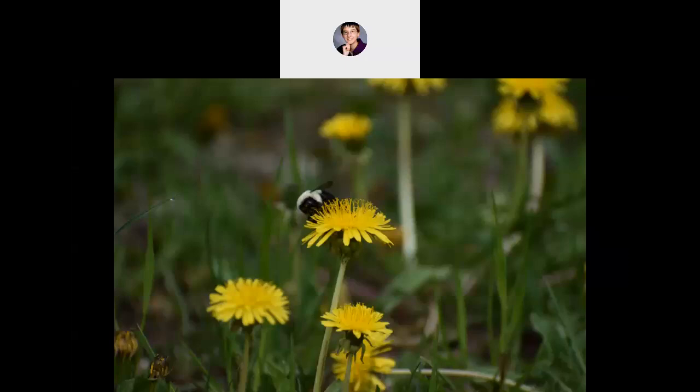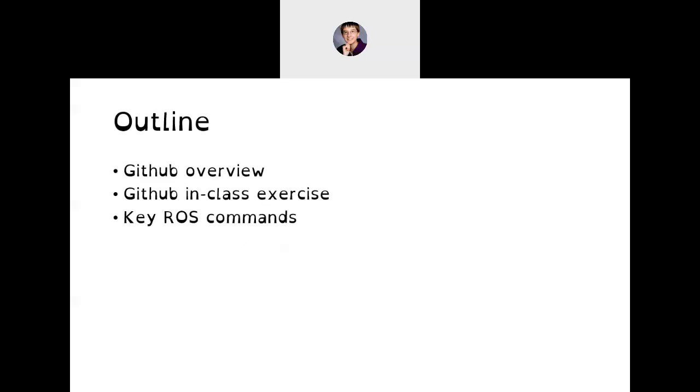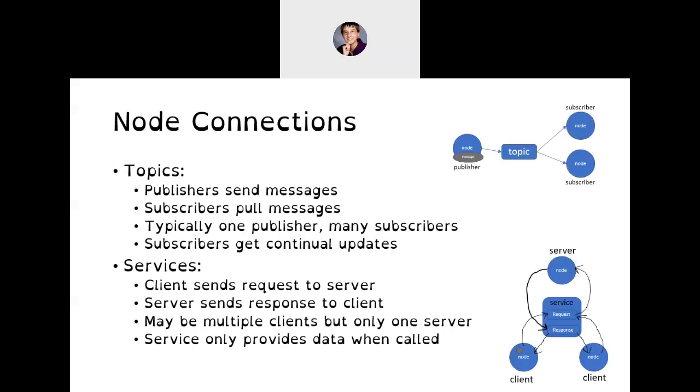I'm going to take a little bit of a transition and talk again about some of the key things in ROS. There's lots of different ways that we can connect nodes. Nodes are those key elements of code. It might be something like a node whose entire purpose is to take data from a camera and transform that into an image that you can actually display.